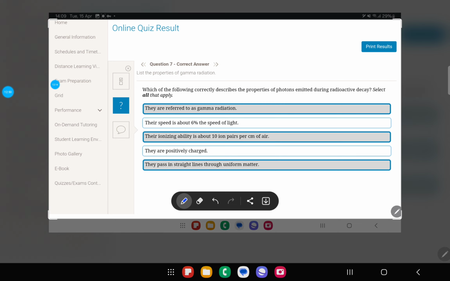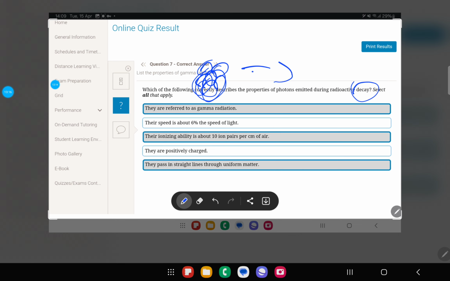Okay, so they're asking about the properties of the photons emitted during radioactive decay. Okay, what is radioactive decay? It is when a nucleus that has a bunch of protons and neutrons gets a bit too unstable, so it has to get rid of a few particles, a few neutrons and protons, to stabilize a bit.